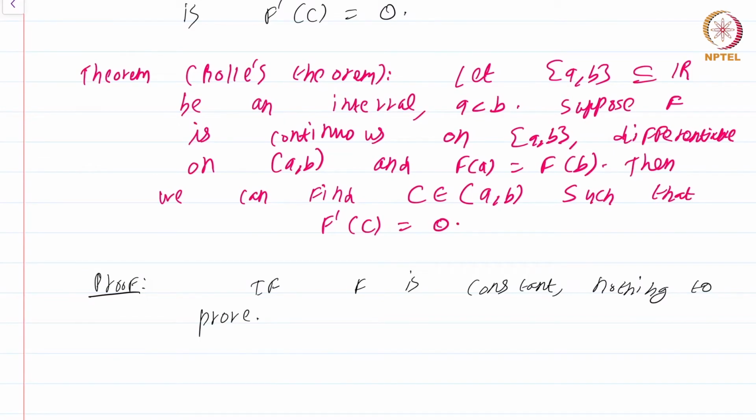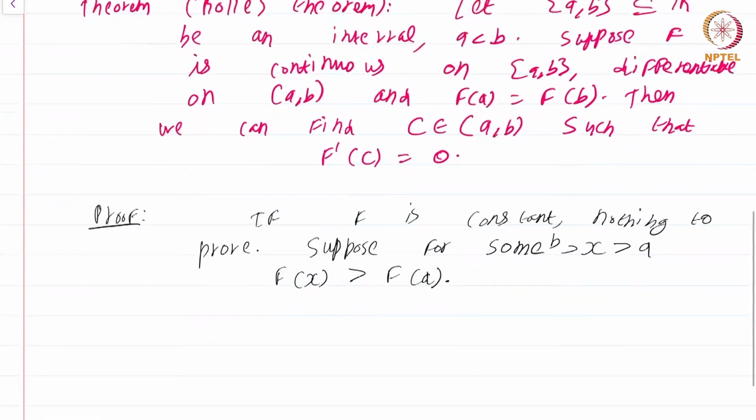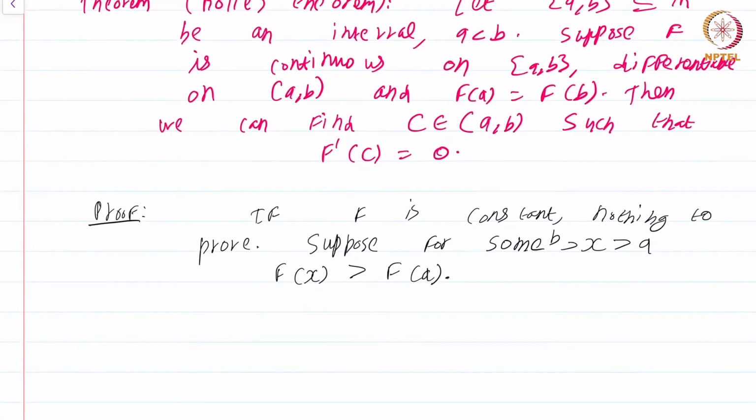Now suppose for some x greater than a but less than b, f of x is greater than f of a. We are assuming now that the function is non-constant. First, we make the assumption that at some point in the open interval (a, b), f of x is greater than f of a.